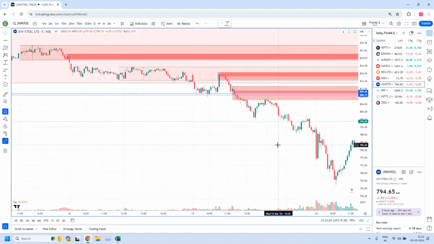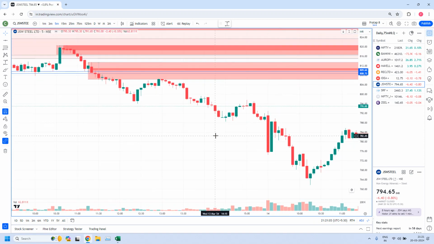The reason is we want exact entry, exact target, exact stop loss. Based on that only we will be in a position to calculate our risk and reward. Our entire risk management we need to implement properly. If the risk is high, we don't take the trade. If the risk is manageable, we will accept the risk and take the trade.